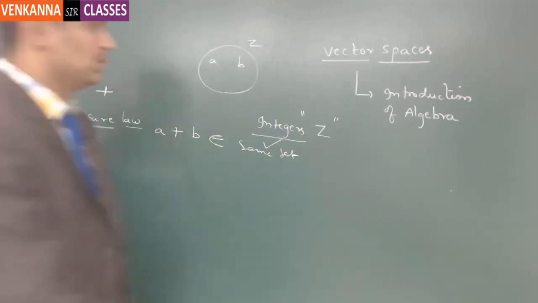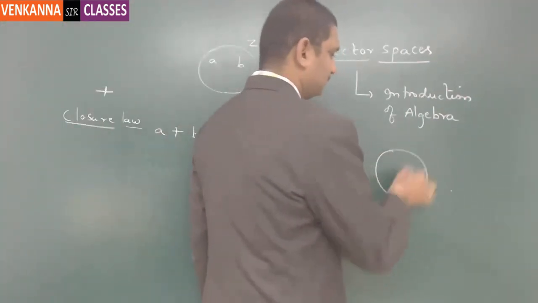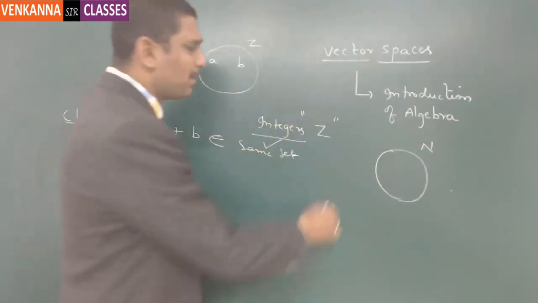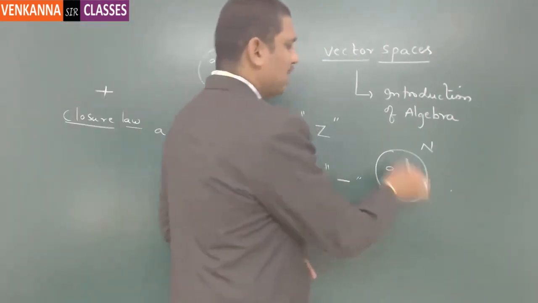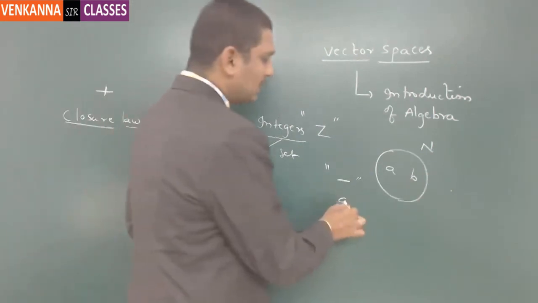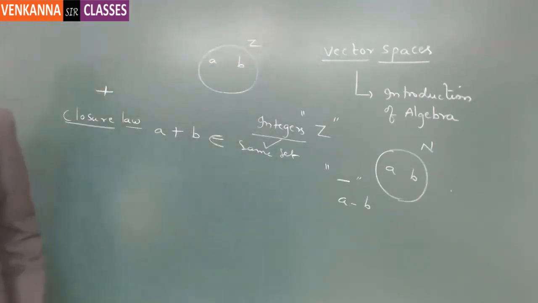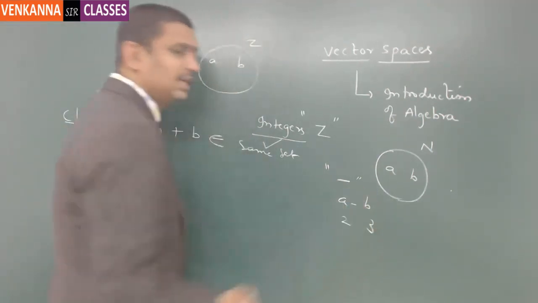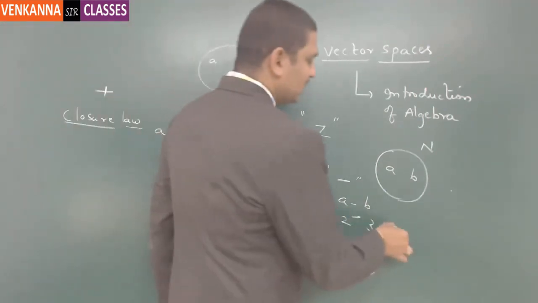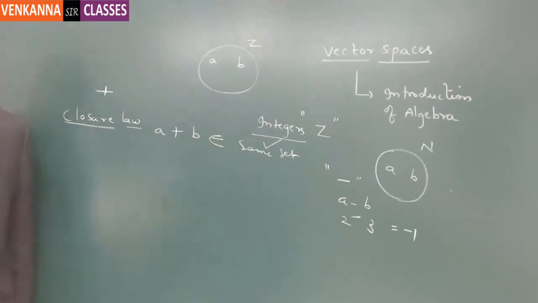For example, if you take natural numbers and take the operation minus, if you take any 2 natural numbers and subtract them, is it a natural number? Yes or no? Not always, because if you take a as 2 and b as 3, the difference is -1, which does not belong to the natural numbers.